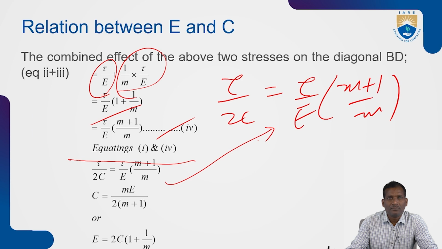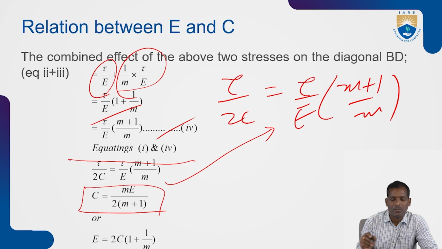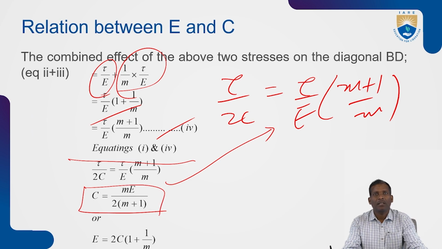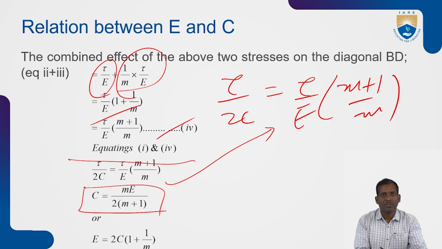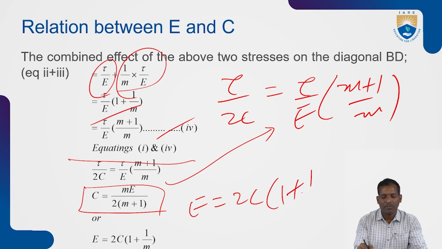So simplify, you will get C is equal to mE by 2 into m plus 1, or E is equal to 2C into 1 plus 1 by m.